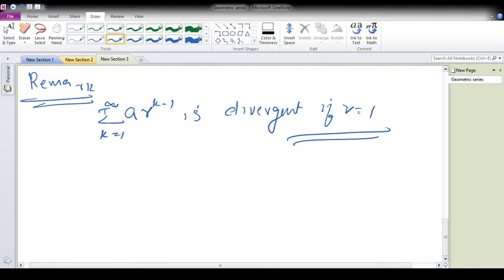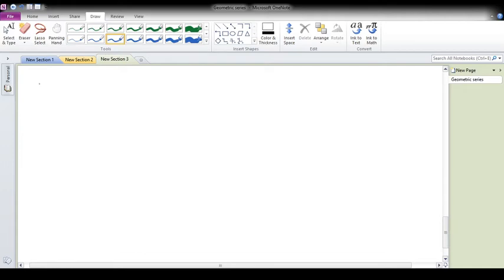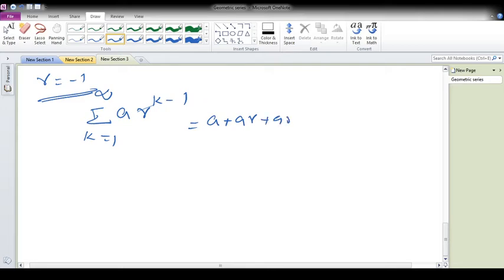Next we can check r equal to minus 1. Our series is the summation of ar^(k-1), k equal to 1 to infinity. That means a + ar + ar² + etc. + ar^(k-1). The first term is a.